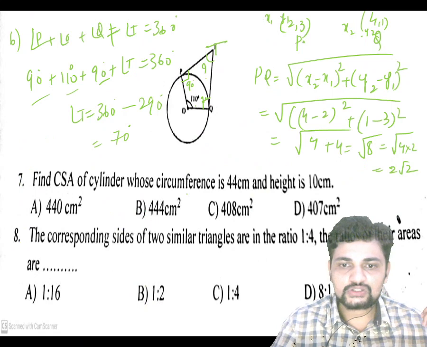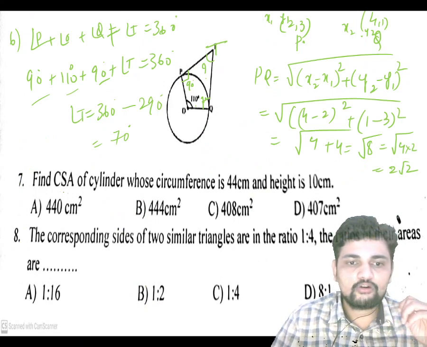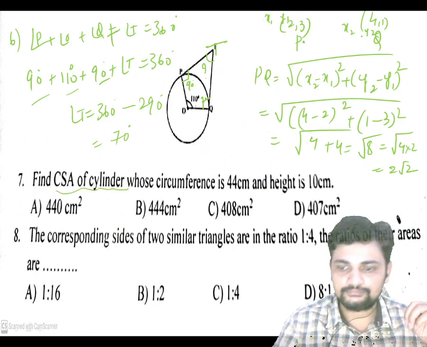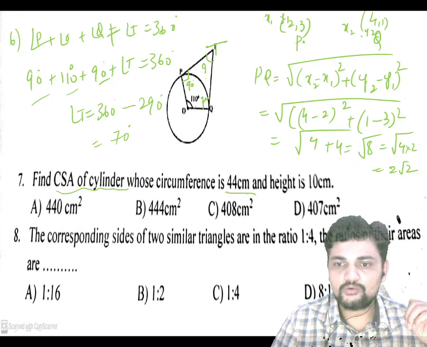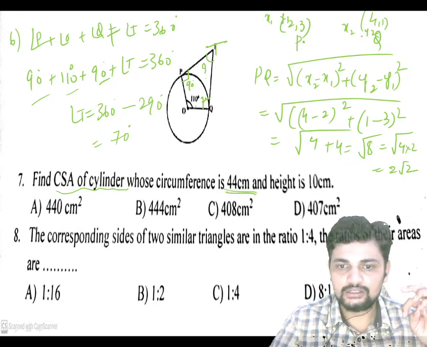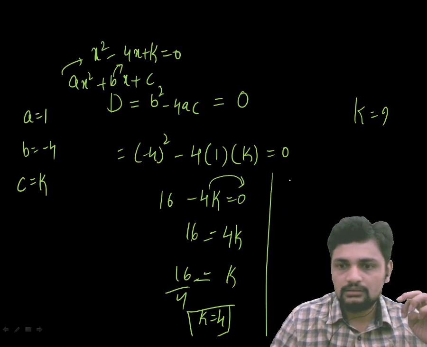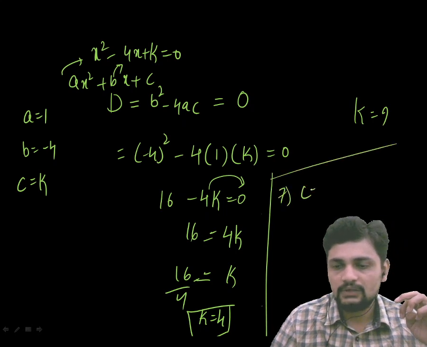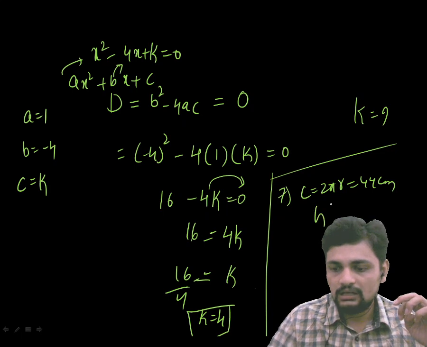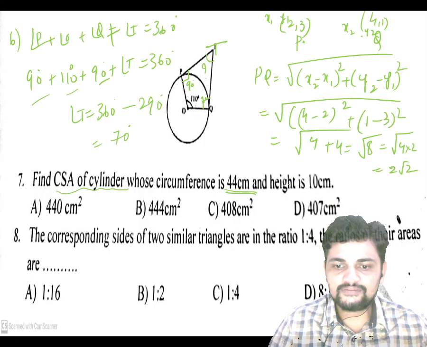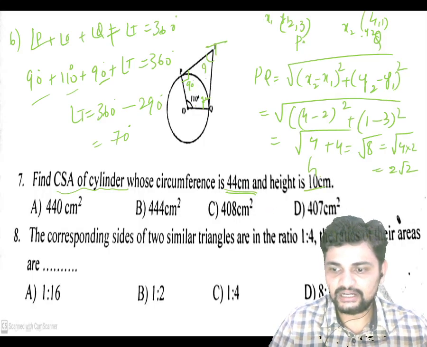Now moving to last two questions. We have to find out the CSA of a cylinder whose circumference is given as 44 centimeter. So we know that circumference of a cylinder is 2 pi r, which is given as 44 centimeter, and also height of cylinder is given, which is 10 centimeter.